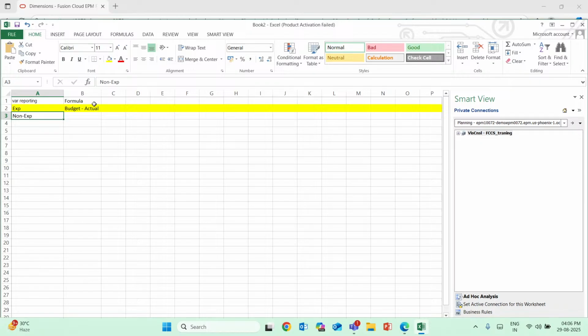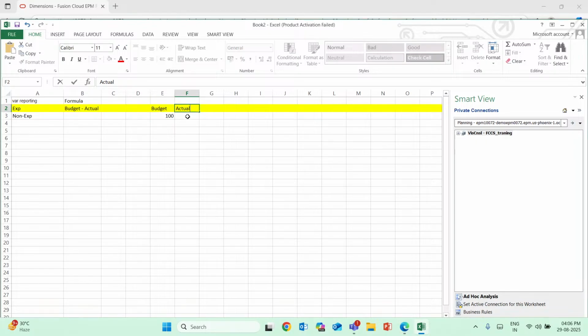So see, for your expense, the ideal scenario would be, any expense account I'm going to take. Let's suppose we have created budget for rupees 100 and our actual is 90.